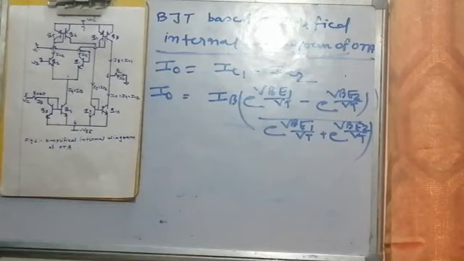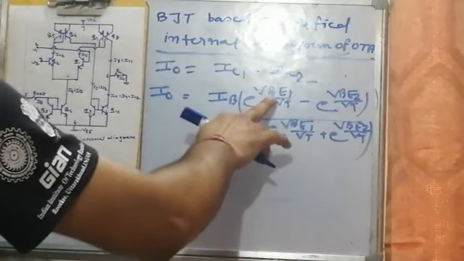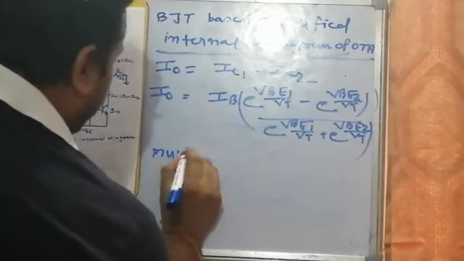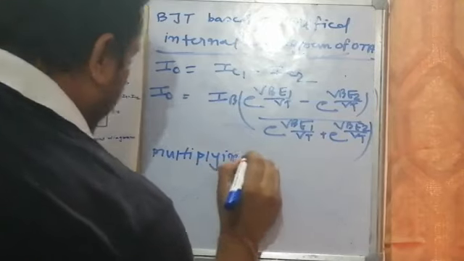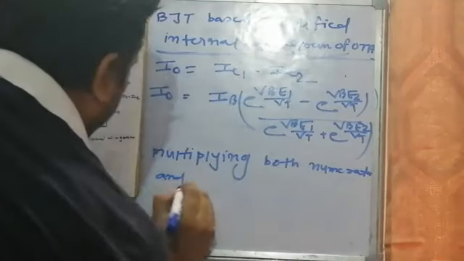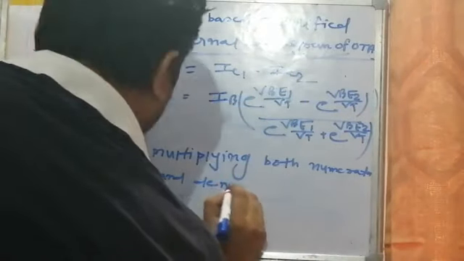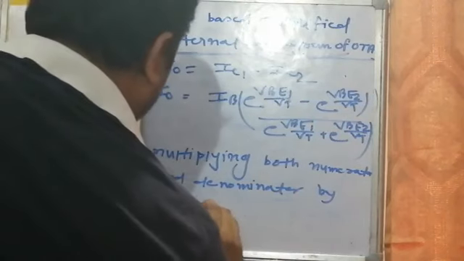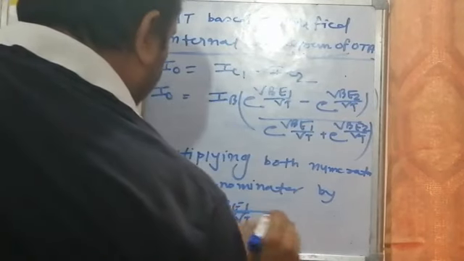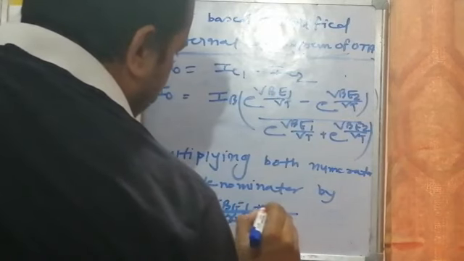For simplification, what will we do? Basically, we will multiply both numerator and denominator by e to the power minus (VBE1 plus VBE2) by 2VT.